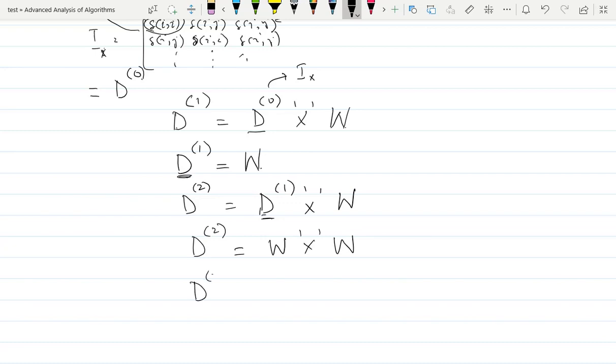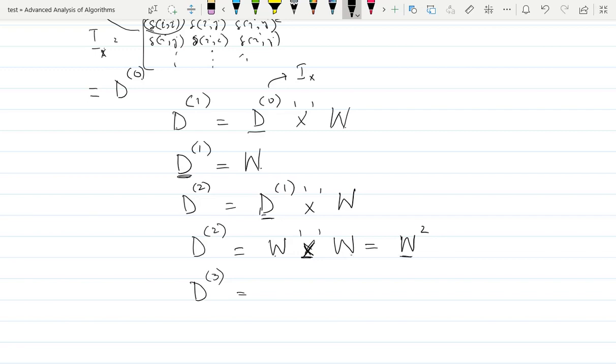Similarly, d of 3 is, again, I will call it w square. And remember that when we are talking about square, we mean this funny multiplication between the same w's.